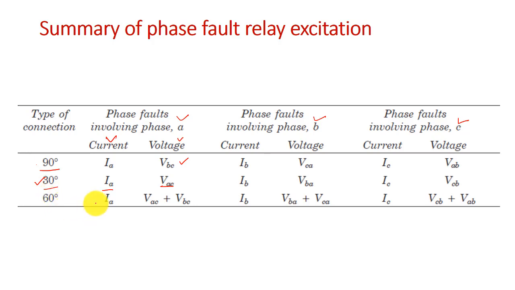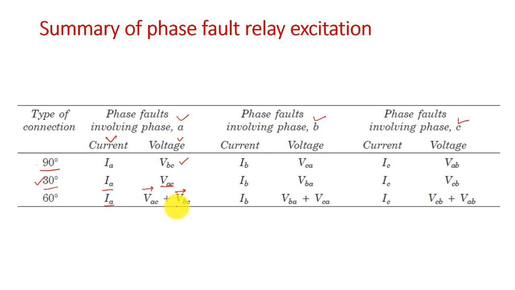Then another type of connection is also suitable: if we add VAC and VBC together and feed this sum of voltages to the pressure coil and IA to the current coil, this will also give the trip signal in the forward fault condition, and it will restrain in the reverse fault condition.